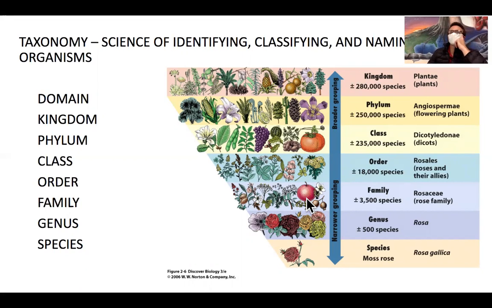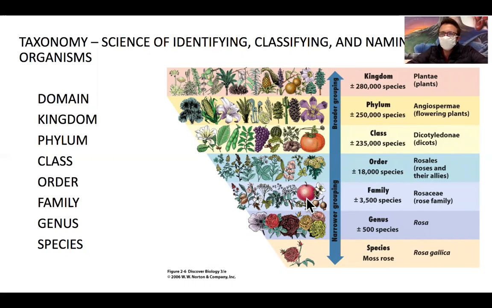What if I told you that a garden rose and an apple tree are in the same family? They are. Now, when you look at an apple tree and you look at a rose, do you see a lot of similarities? No. If you looked up closely at the seeds, the structure of the flowers, the structure of the leaves, the growth habits, you might start to notice some similarities, right?